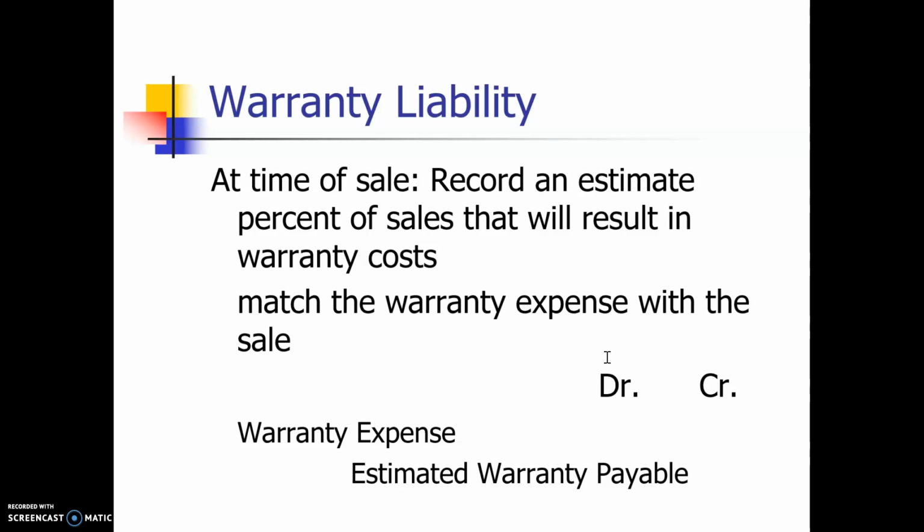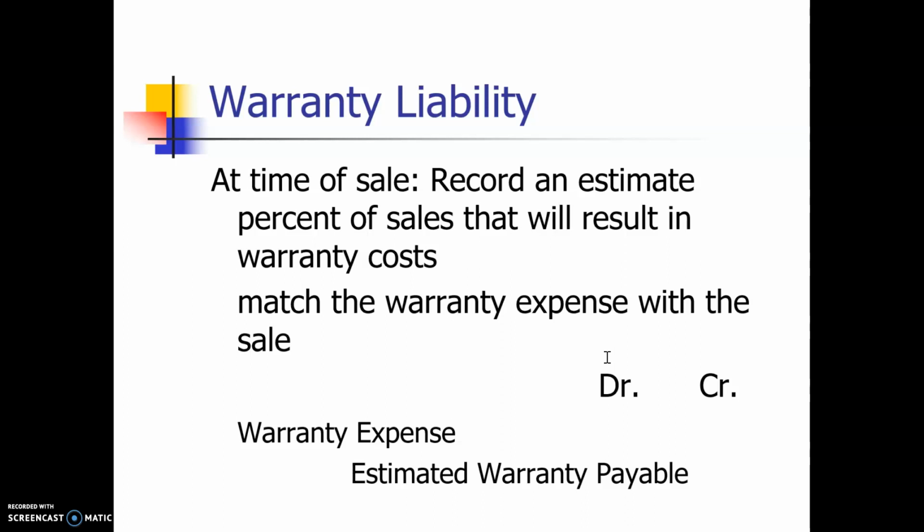So at the time of the sale is when we need to record warranty expense, and we're going to estimate it. And so we can look back on previous period sales and see what percentage of our sales was brought back for warranty work. So based on that percentage, we'll apply that to this period sales and assume a similar percentage will be brought back for warranty work.